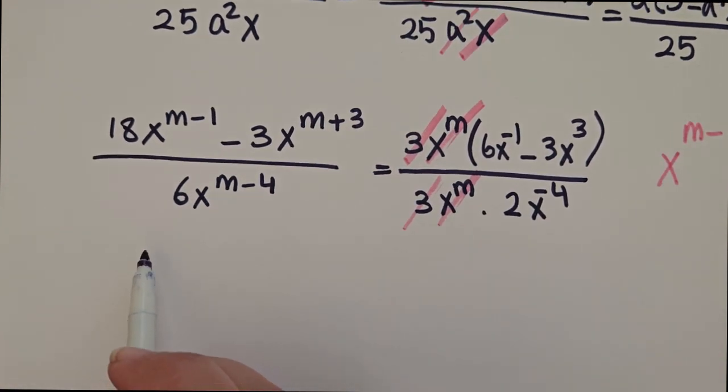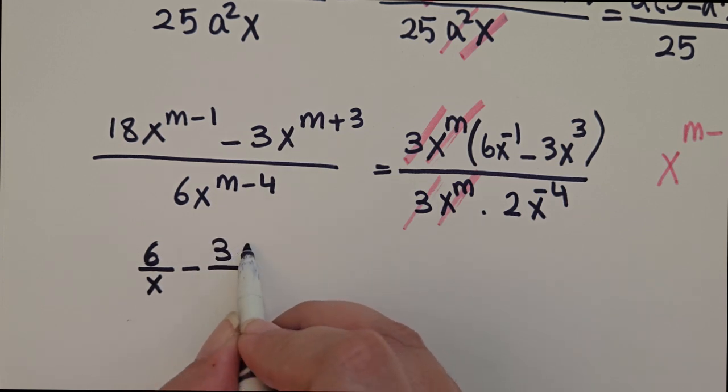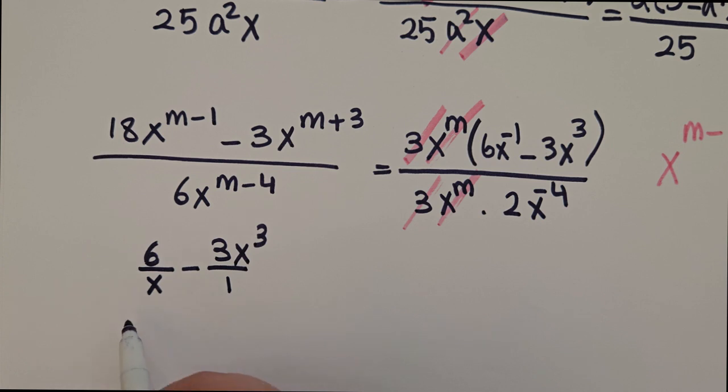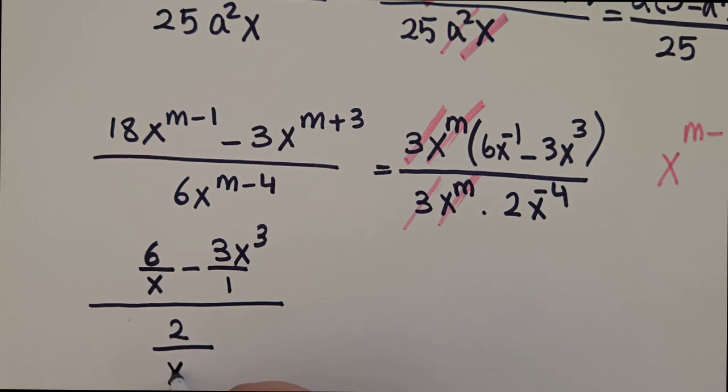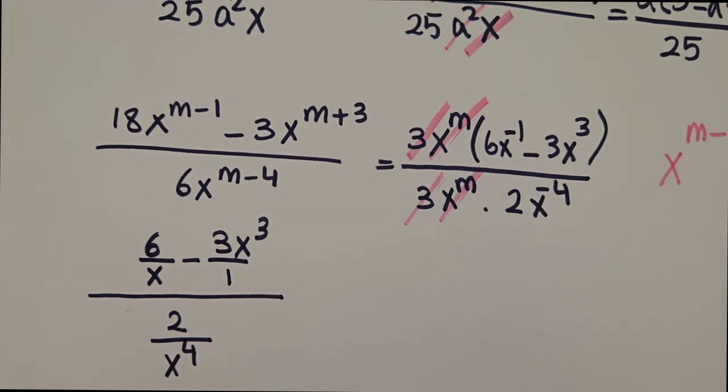So 6 times x to the power negative 1, it's 6x to the power negative 1, and negative 3 times x to the power 3, the denominator would be 1, and then here it will be divided by 2x⁴. Okay, so what I can do here, you can either do common denominator, or I personally prefer to use multiplication, and I will multiply both the numerator and denominator by the biggest power.